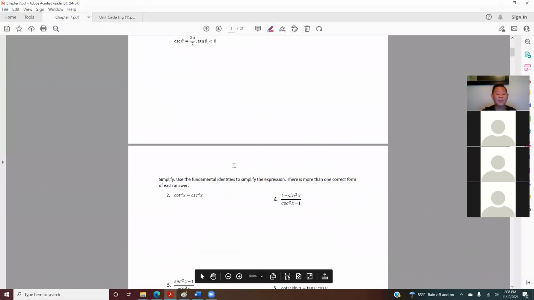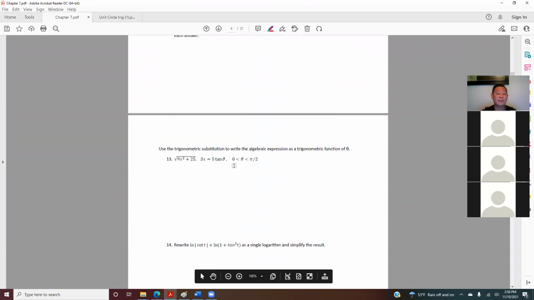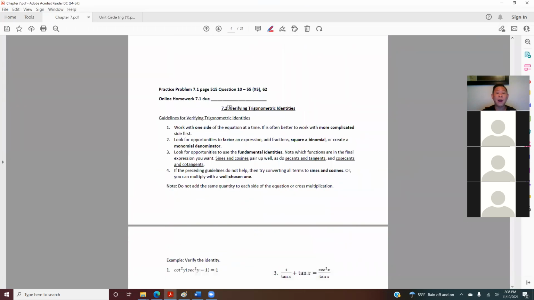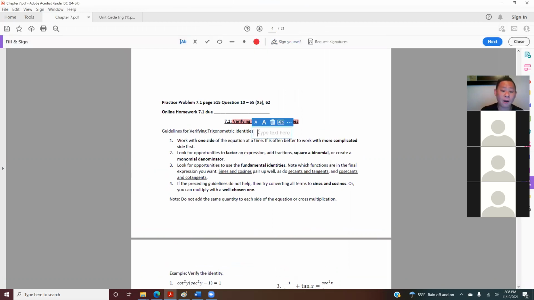Because when you look at 7-2, this is where we do verifying the trig identities. So there are a lot of ways for us to verify the trig identities. First thing first, every time you verify a trig identity, tell me which side you start from. Do you start from LHS or the RHS?